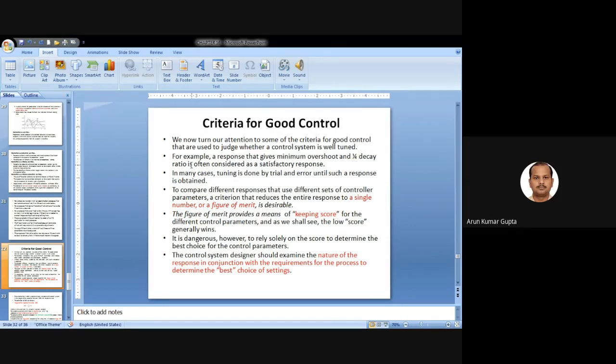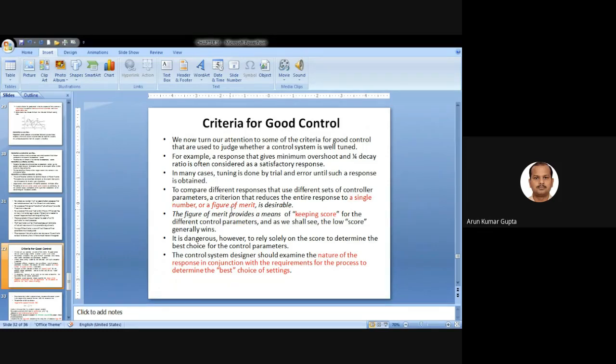A 1/4 decay ratio is often considered a satisfactory response, and that will give you good control. In many cases, tuning is done by trial and error until such a response is obtained. So we take different parameters and see whether they show the minimum overshoot and the 1/4 decay ratio. That is okay.